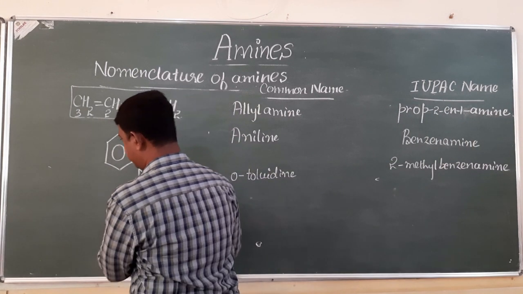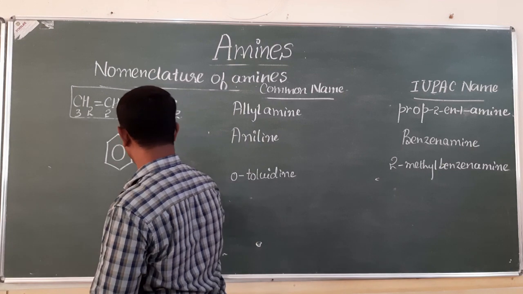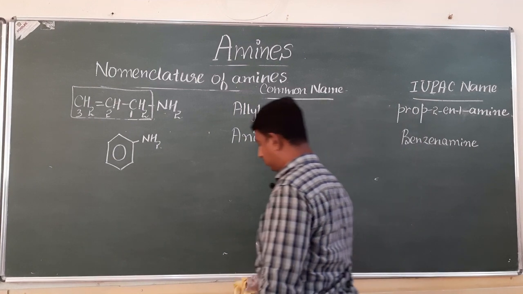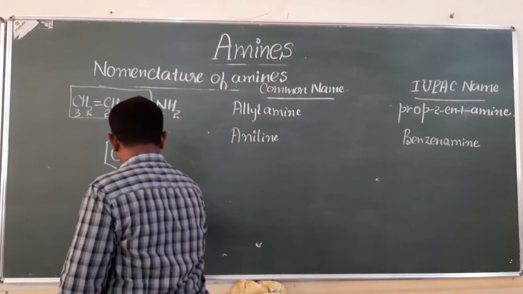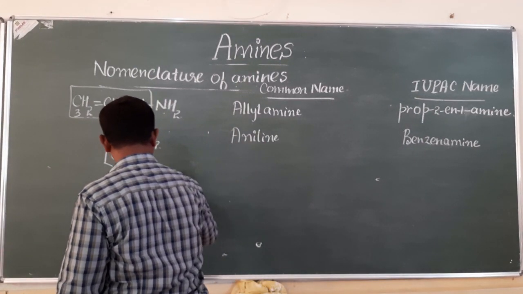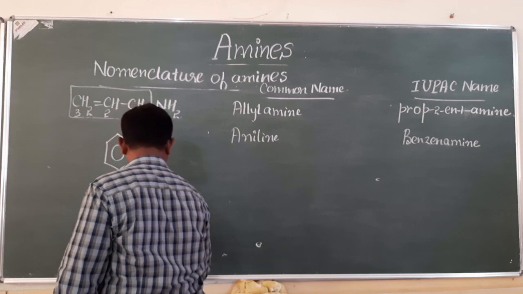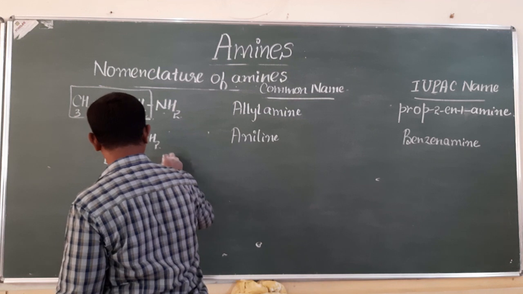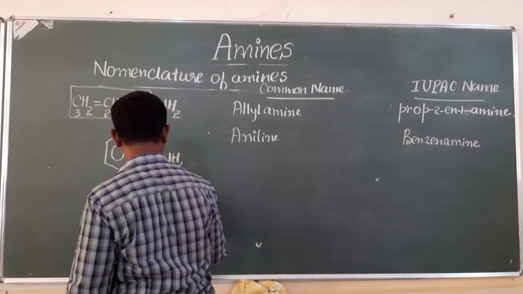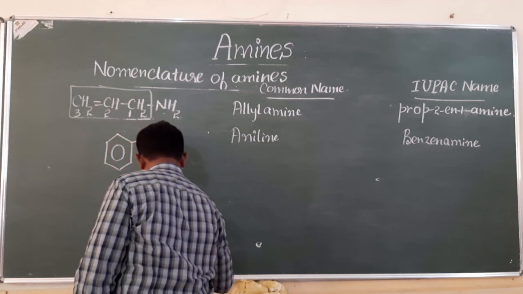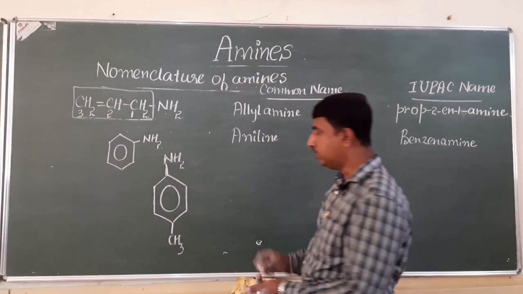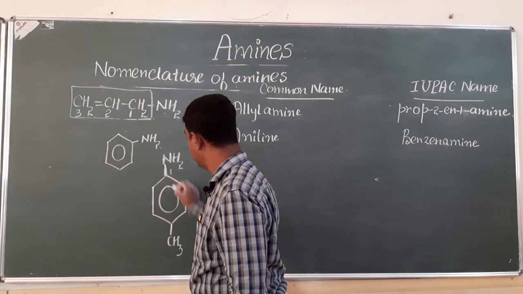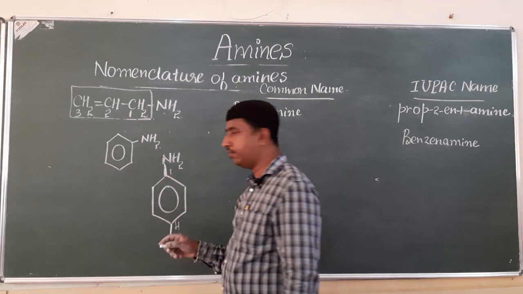One more. This is also toluidine only, but where is it present? The groups are present at carbon number 1 and 4.